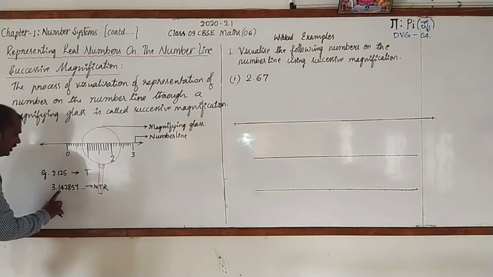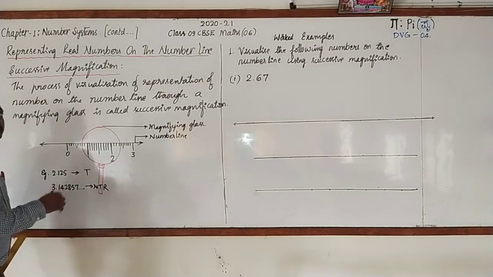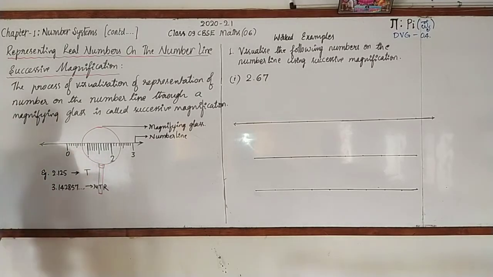For example, here 3.142857 is there. Up to 4 decimal places means we will take 3.1428. Up to 3 decimal places, 3.142. Up to 2 decimal places, 3.14, like this. Did you understand?